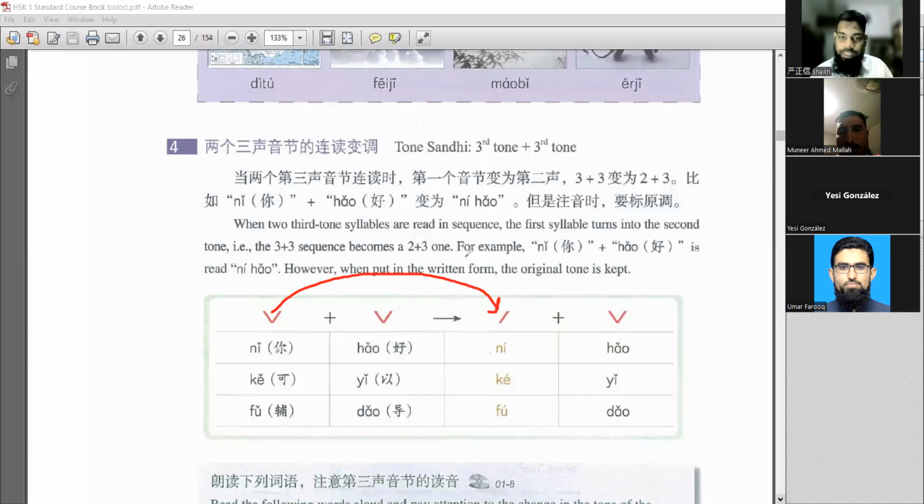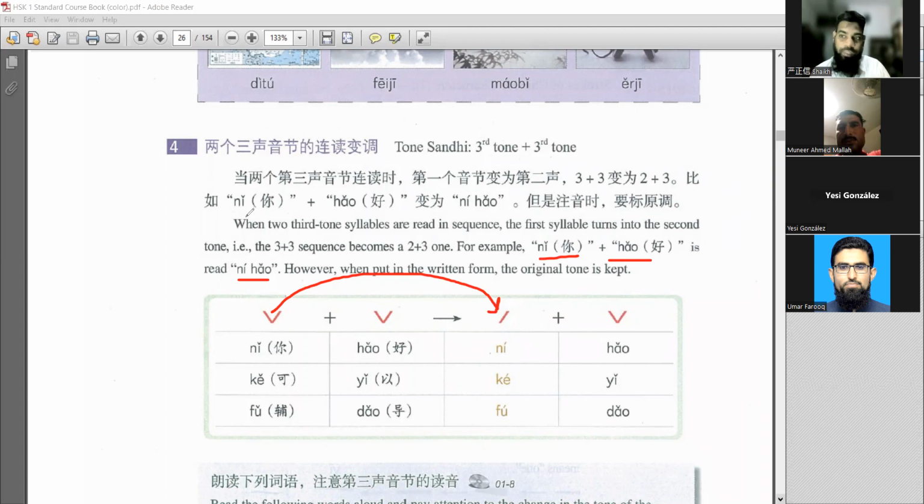For example, ni has the third tone, and hao also has the third tone. So ni and hao are read as ni hao, and the third tone of ni will change into the second tone.